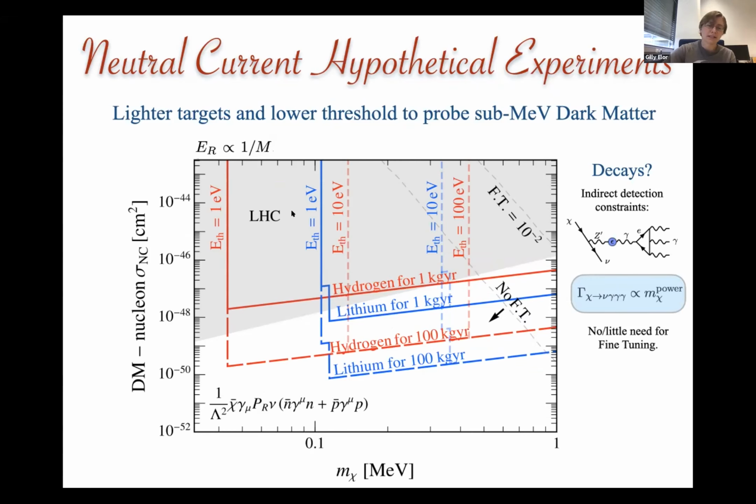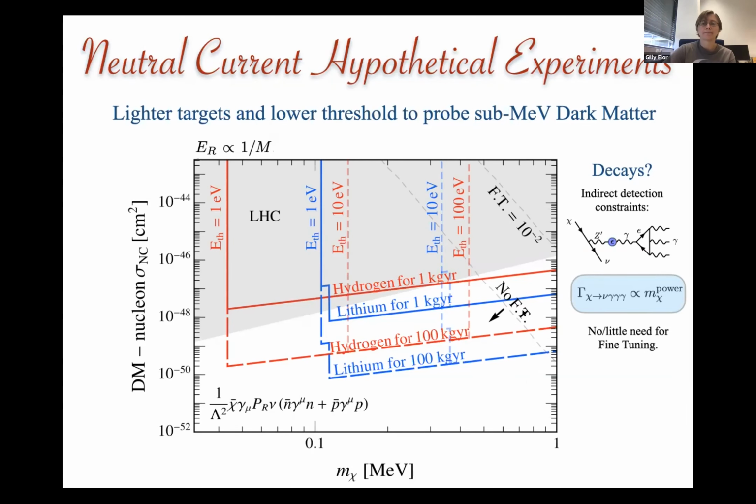Basically what these curves show is that if you had some hypothetical hydrogen or lithium experiment with some hypothetical exposure, this is the kind of projected limit you could expect, and you could really probe all the way down to the dorsoroidal limit of the dark matter without having to do any tuning in your UV model.